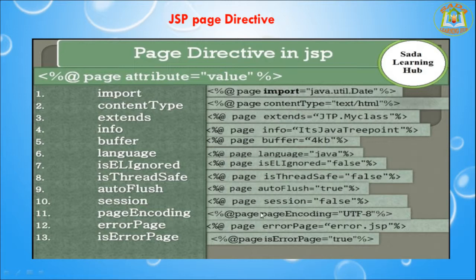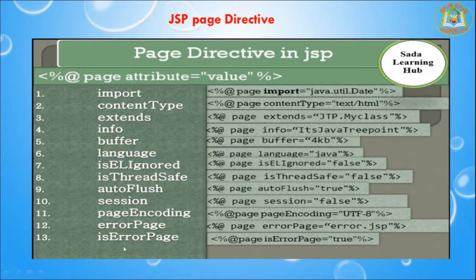Next, page encoding. Page encoding means which encoding you are using in your page. At that time, you can use the page encoding. Using different page encodings is also possible. Next one is errorPage. errorPage means whenever your JSP page refers to an error page, we can put errorPage is equal to the JSP page name.